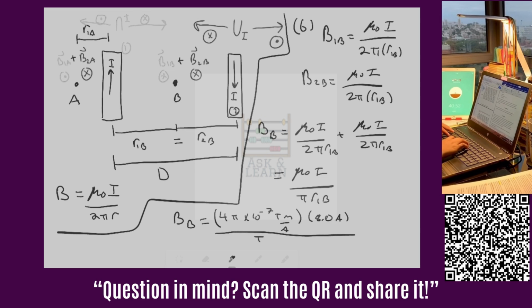Divide that by pi times how far away point B is from either of the wires, 0.06 meters. And what do we know? We plug all this stuff in, we get a magnetic field of 5.3 times 10 to the negative 5 Teslas. And that is the answer to part B and brings us to the end of the problem.